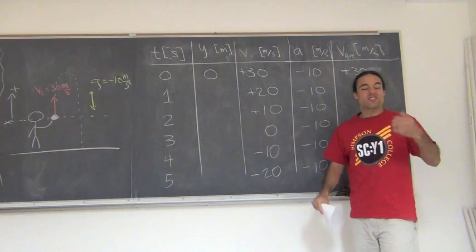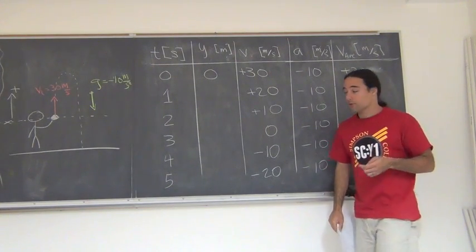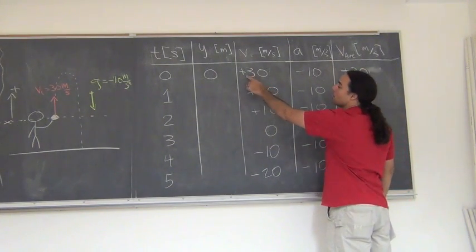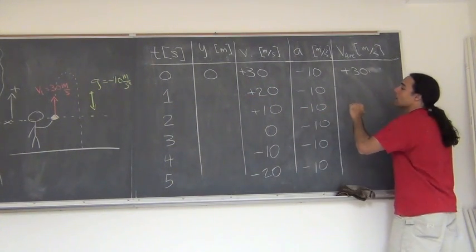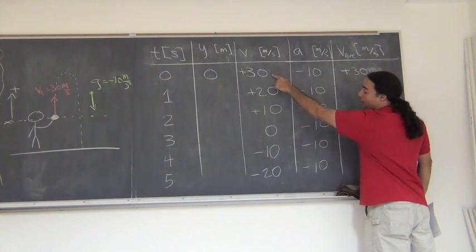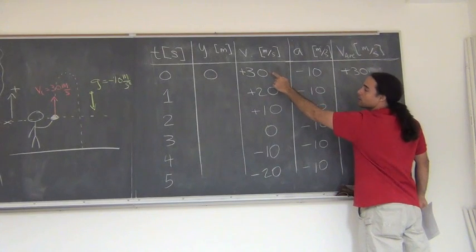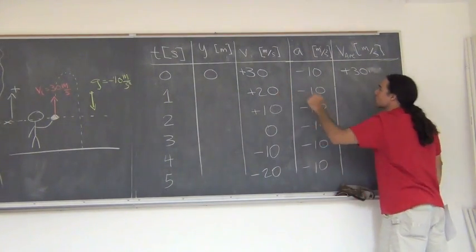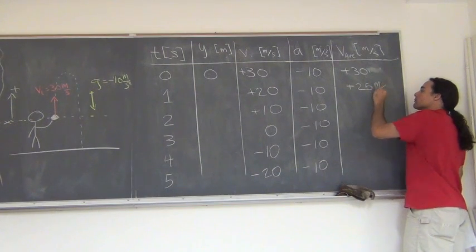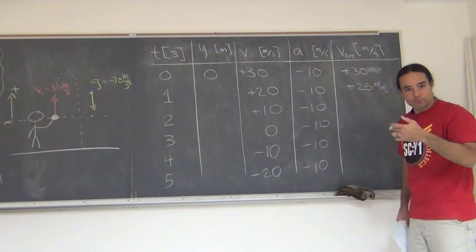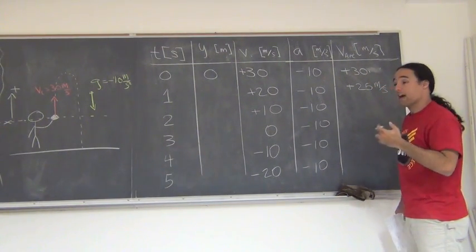Or to put that another way, it's just the midpoint between the two numbers. So the average velocity between 0 seconds and 1 second, or when we're traveling, the average velocity between 30 meters per second and 20 meters per second is just going to be 25 meters per second. So on average, that's how far we've gone, how fast we've gone.